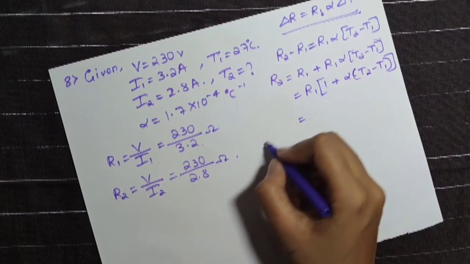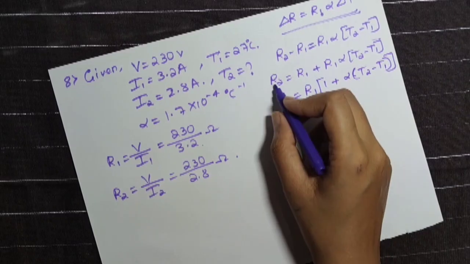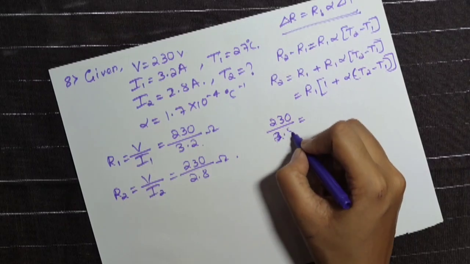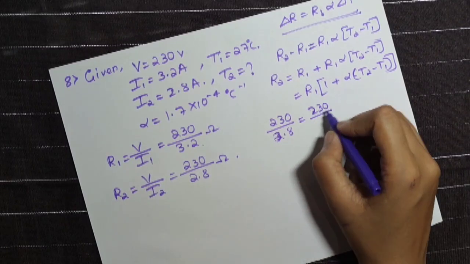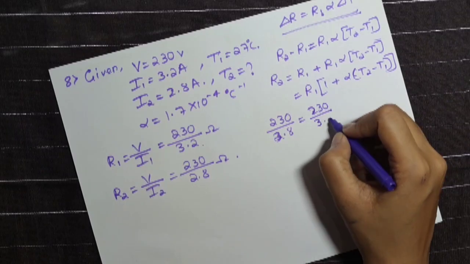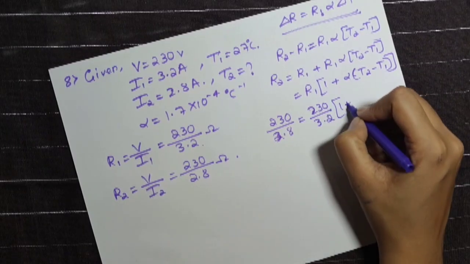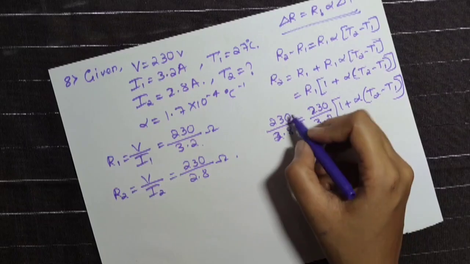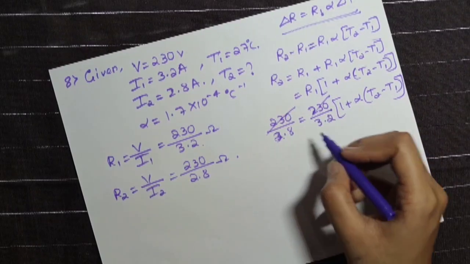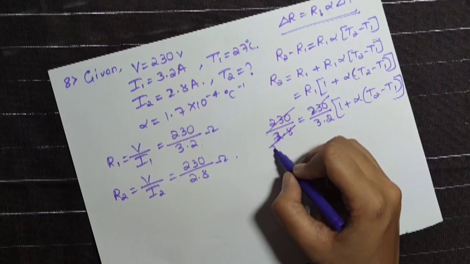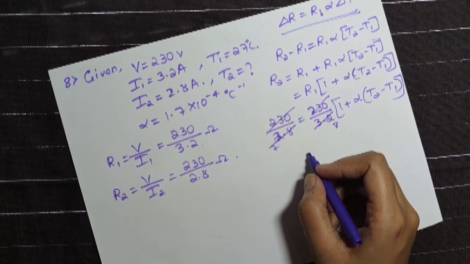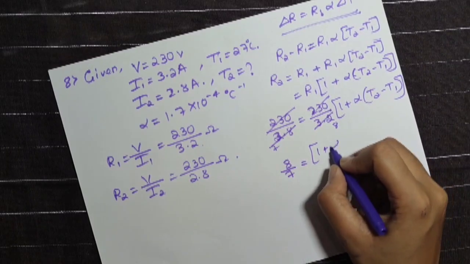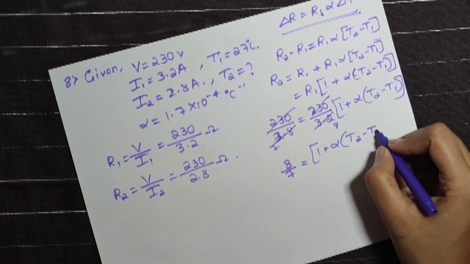Okay, so here we know the value of R2, that is 230 by 2.8, and R1 value is 230 divided by 3.2 into 1 plus alpha T2 minus T1. Okay, so this will get cancelled, and this will be 4 sevens are 4 eights are, that is 8 by 7 equal to 1 plus alpha T2 minus T1.